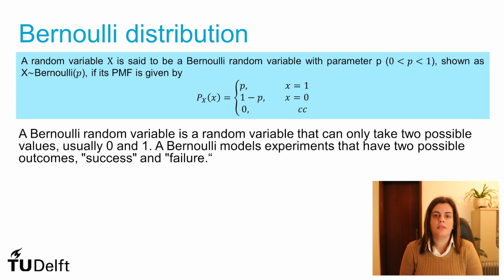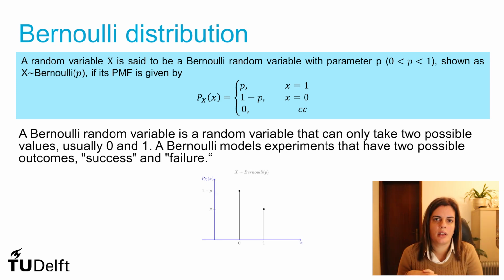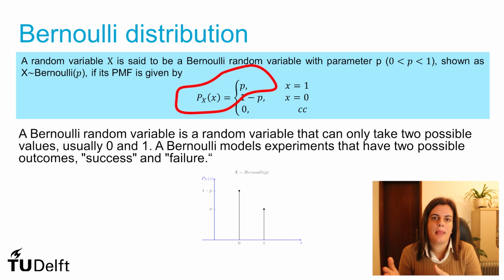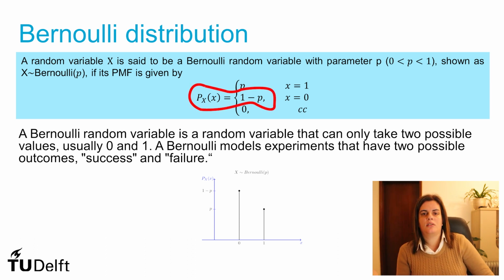The probability mass function of a Bernoulli is always the same, and it is quite intuitive. You have the probability of being 1 being, for instance, p, and the probability of being 0 being 1 minus p. Everything else is just 0.